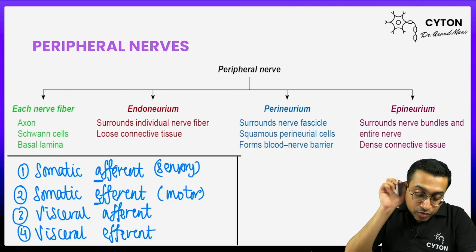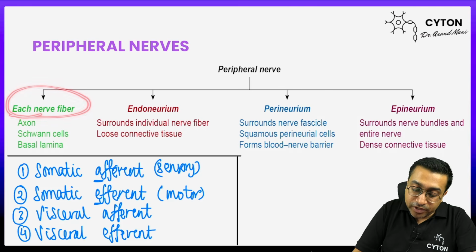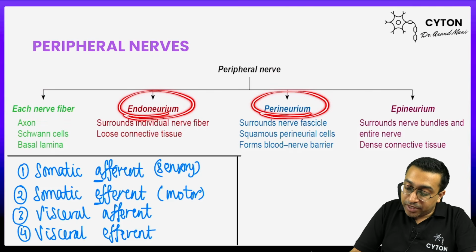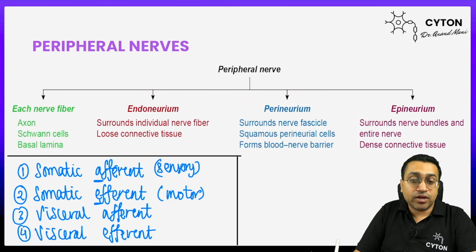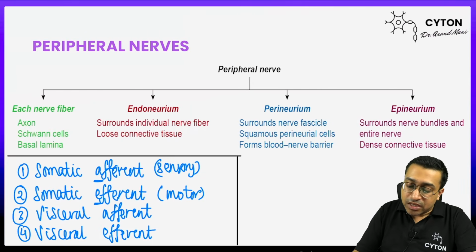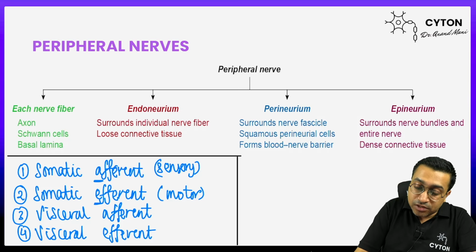Okay, so peripheral nerve. So a peripheral nerve consists of nerve fibers which contain all these things: endoneurium, perineurium and epineurium. So again, a very important concept of peripheral nerves, the neuriums. Okay, so just remember the endoneurium, which surrounds the individual nerve fiber. It surrounds the nerve fascicles.